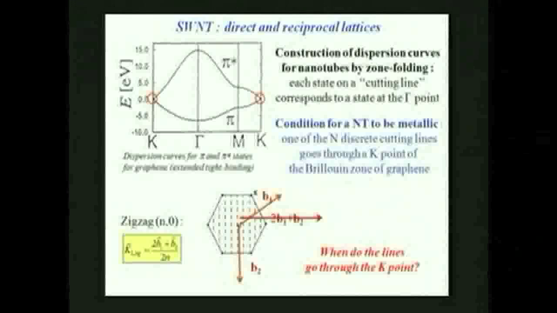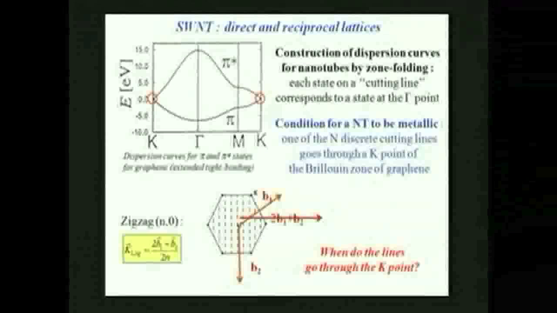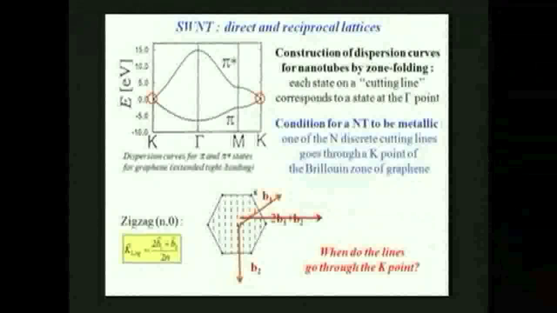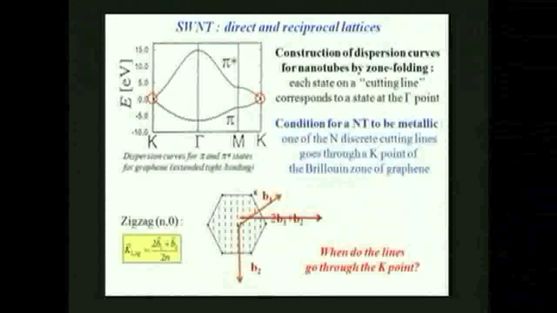We calculated together that for zigzag nanotubes, the unit vector K1 is expressed as 2b1 plus b2 divided by 2n. Same result as for armchair nanotubes. You always have an even number of cutting lines, but you don't cut the same way because the vector you are cutting in 2n parts is not anymore b1 plus b2.